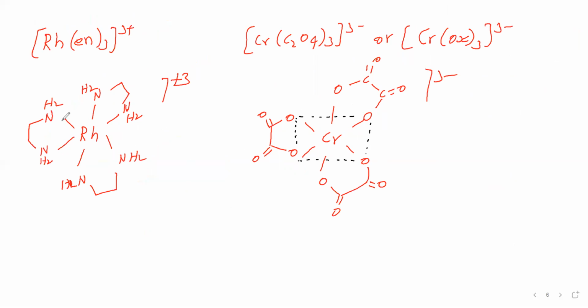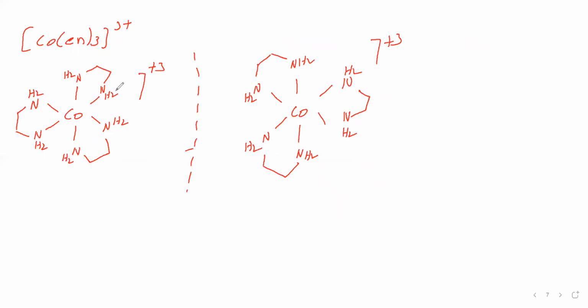For this one, is optical activity possible or not, you see. For this one, optical activity is possible. For this also, optical activity is possible. Both are optically active isomers, like the one we discussed before.